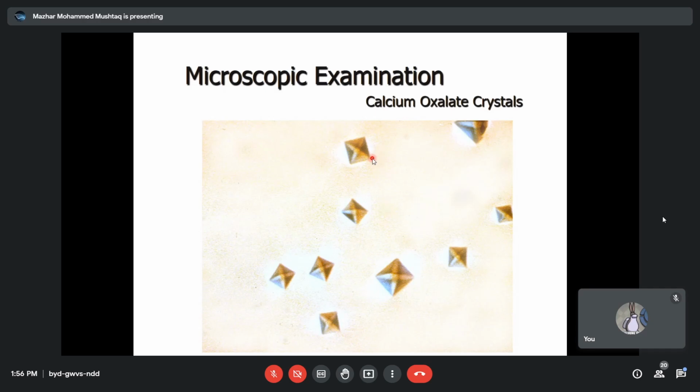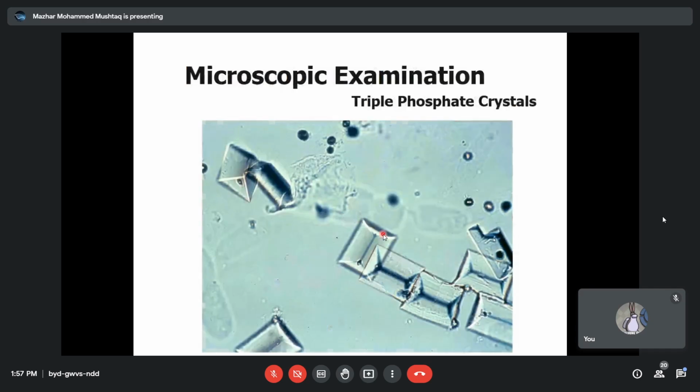Have you seen the envelope where they used to put the letter and send it to someone? Nowadays we have email, so it looks like an envelope, or you can say it looks like a pyramid. So you have to remember these two names for the calcium oxalate crystal. This is how the calcium oxalate crystal looks.